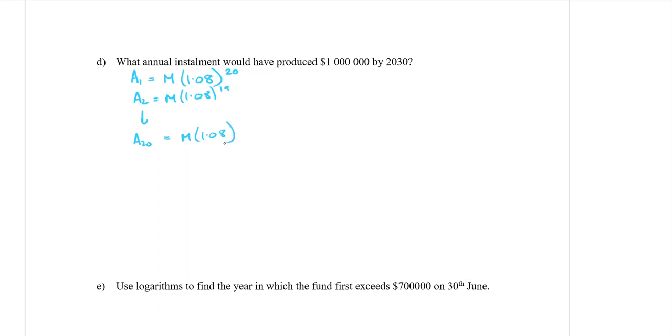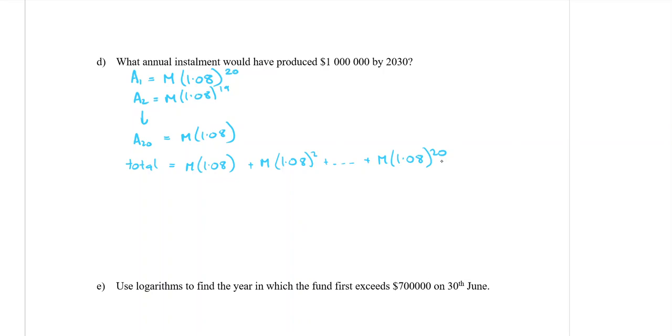We take our sum by having M, putting that lower one first, M times 1.08, plus M times 1.08 squared, plus all the way up to M lots of 1.08 to the power of 20.